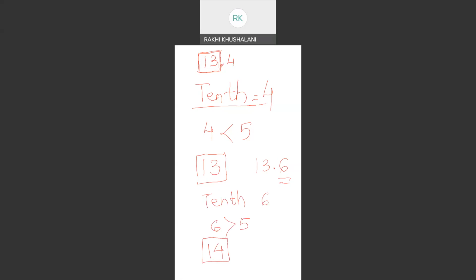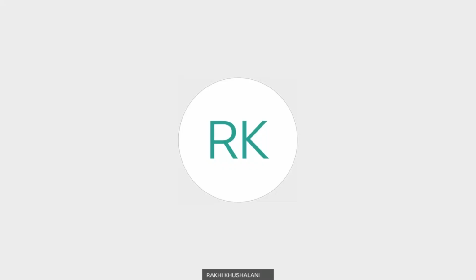Let me give you a little more examples. 12.26. Just look at the 10th value. It is 2. Compare it with 5, it is less than. So it remains as 12.